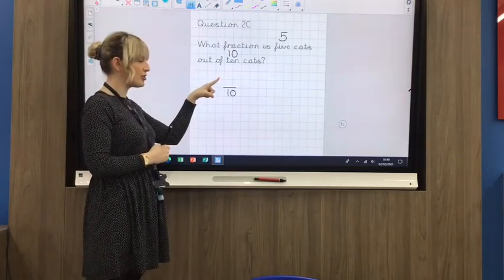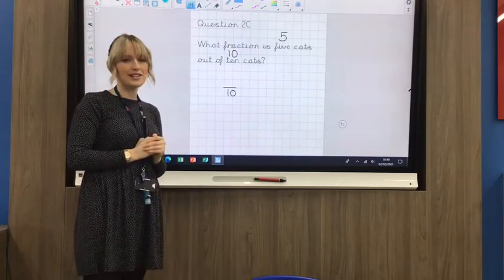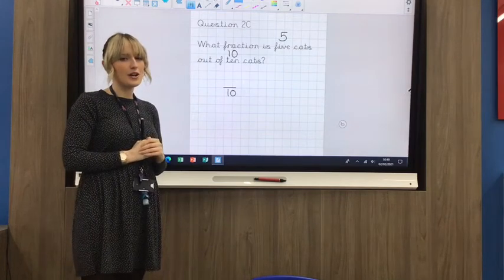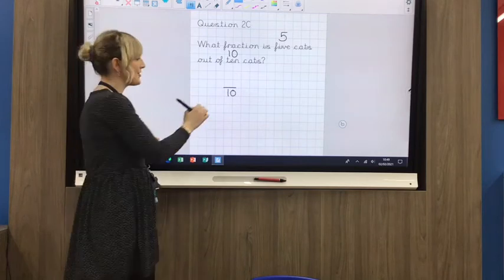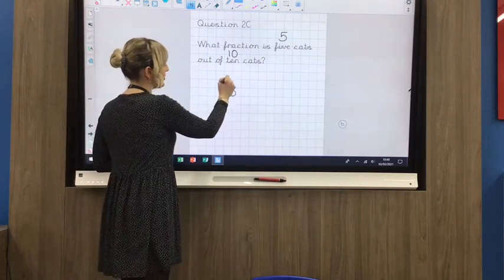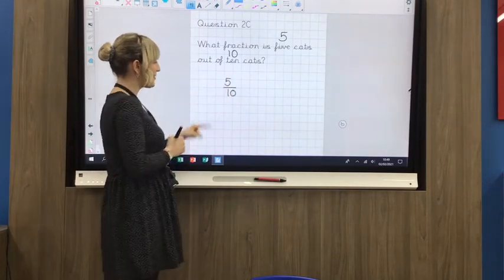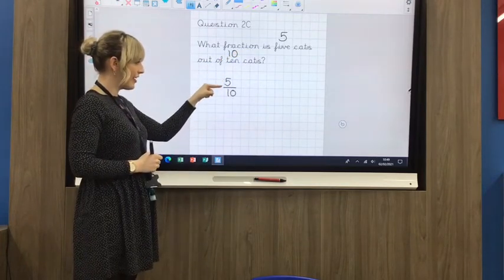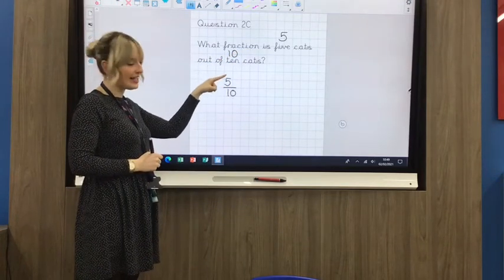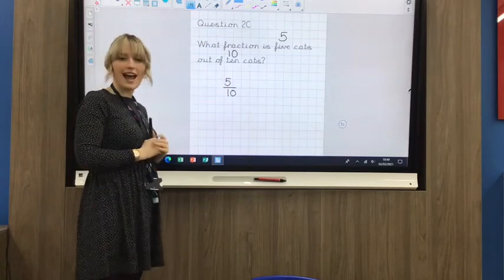So what fraction is 5 out of 10? So what number do you think is going to go as our numerator? That's how many we've got out of the total. Well done if you knew it was 5. So to put that into a fraction, it's just 5 over 10. So 5 out of 10.